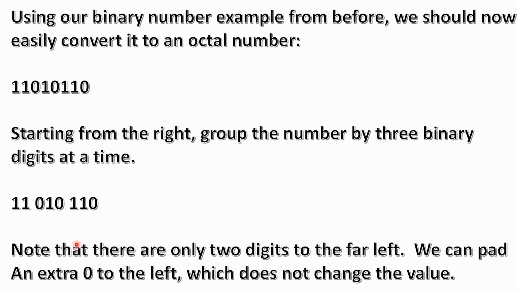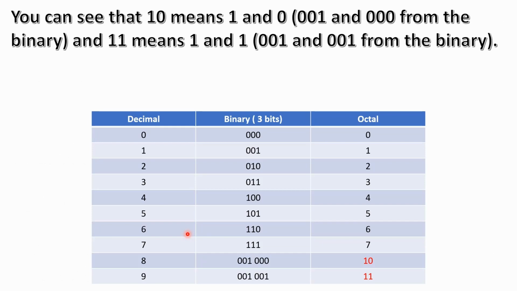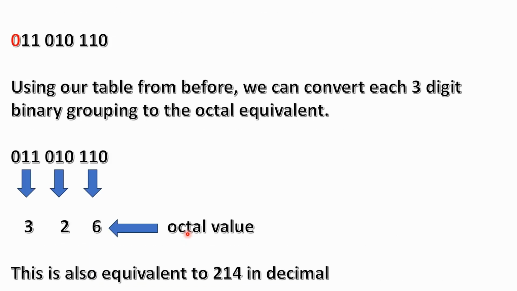Well, note that I've only got 2 digits on this far left side. You can pad an extra 0 to the left, which doesn't change the value of it at all. And you can see here in red, I've added that extra 0 to the left. And why is that? Well, again, remember one of the first things we covered, coefficients, base, exponent.